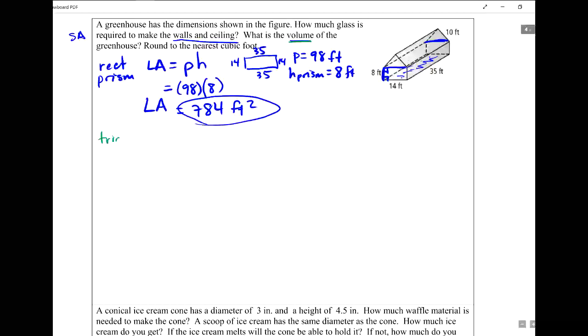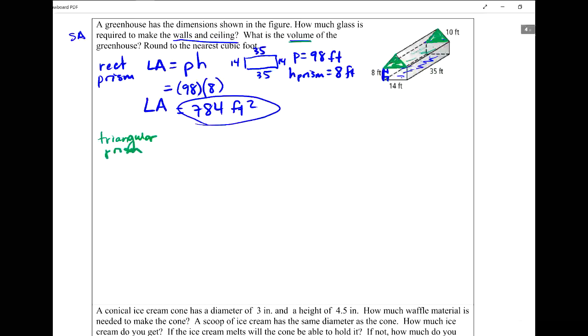Now let's do our triangular prism. This time our bases are on the front and back. Okay, so we need just these two bases and two sides, because once again this side over here does not exist.